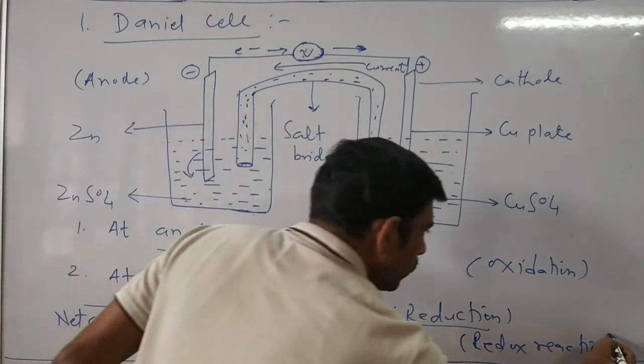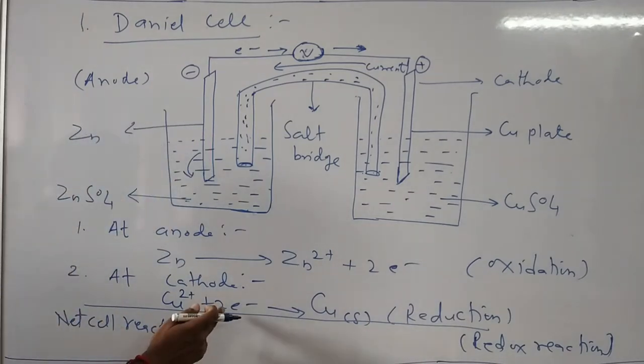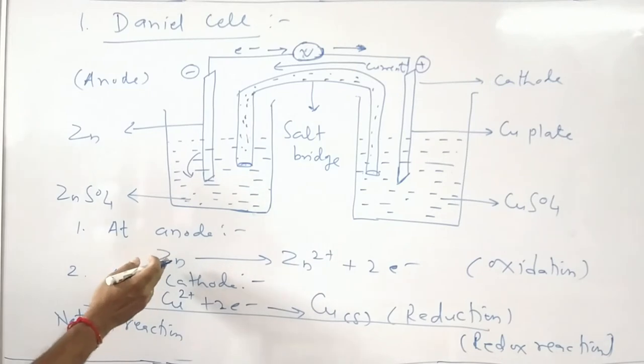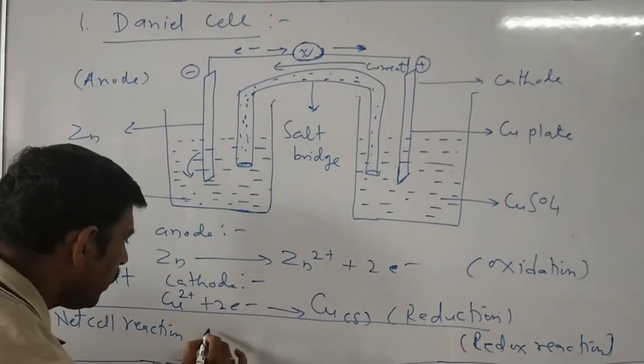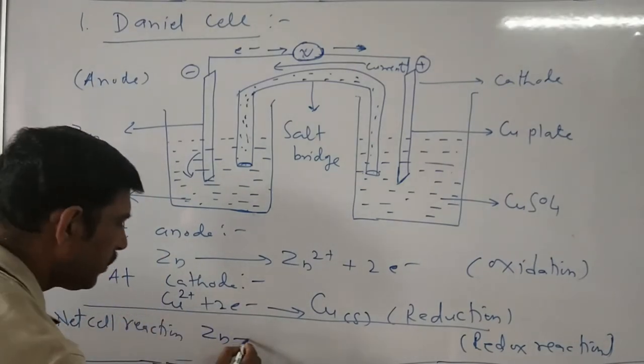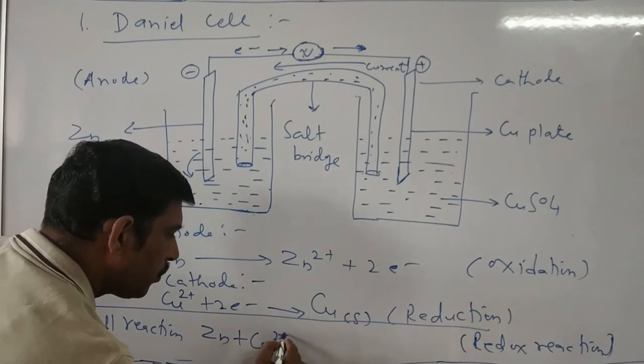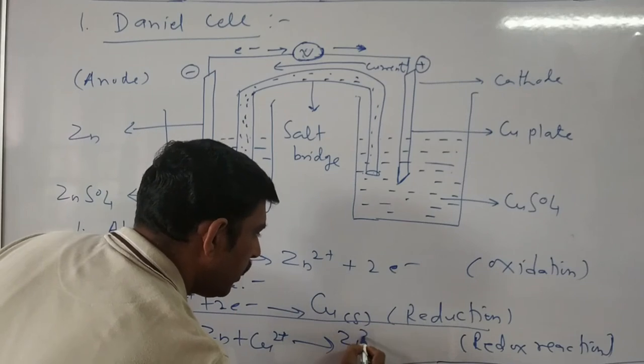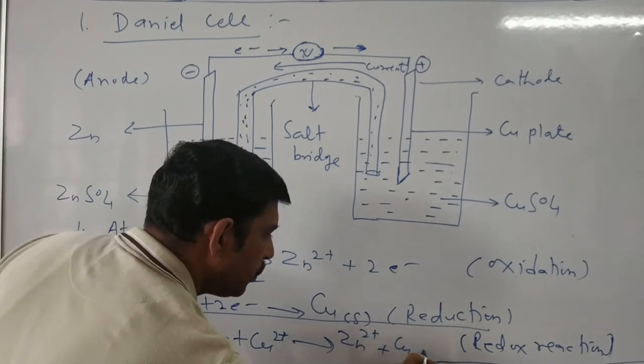In the redox reaction, we cancel the 2 electrons and 2 electrons. So on the left hand side we have zinc plus Cu dipositive, and on the right, zinc dipositive plus Cu.